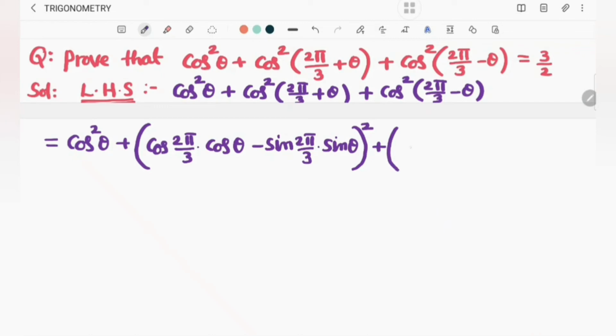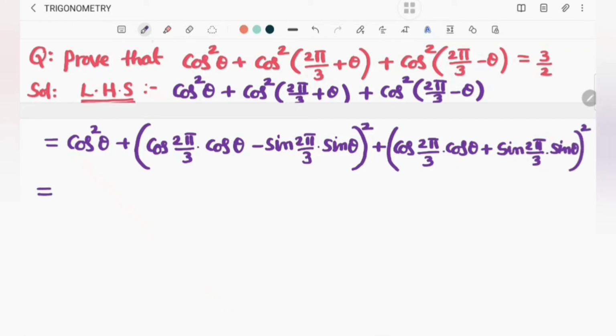So cos of a minus b means cos a cos b plus sin a sin b. So cos 2 pi by 3 into cos theta plus sin 2 pi by 3 into sin theta, whole square.